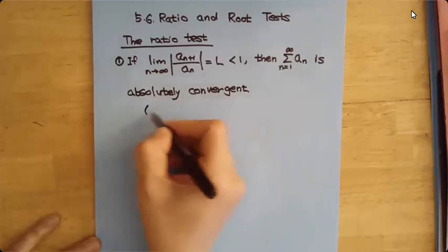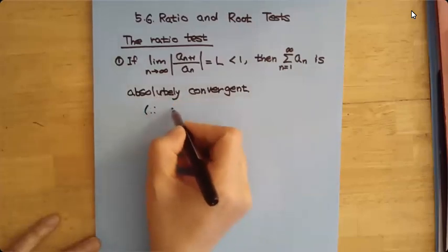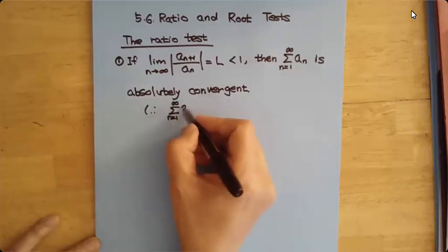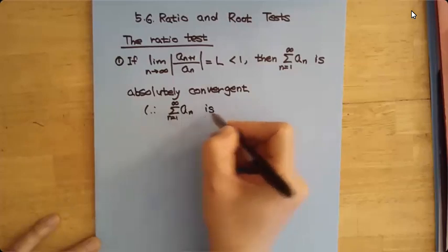Absolutely convergent also means the given series, the sum from n equals 1 to infinity of a_n, is convergent.